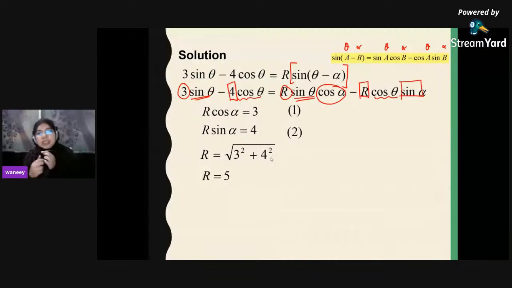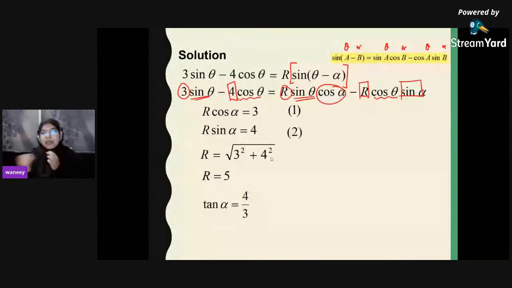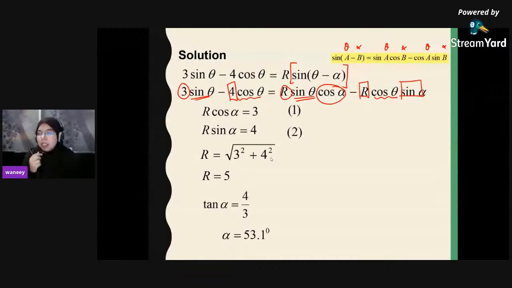So r is simply equal to 5. So now in order to calculate the value of alpha, we need to obtain a tangent. So sine over cos, second over first. So tangent alpha is equal to 4 over 3. So that means alpha is simply equal to 53.1.